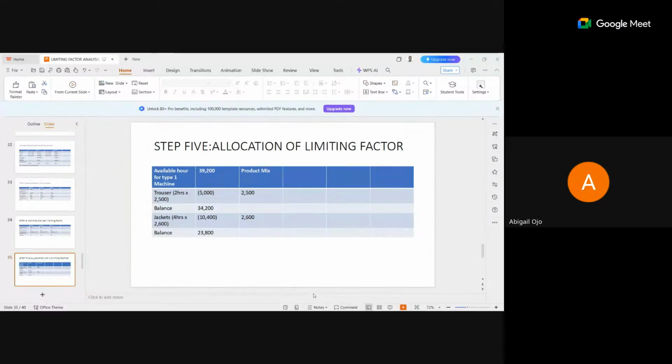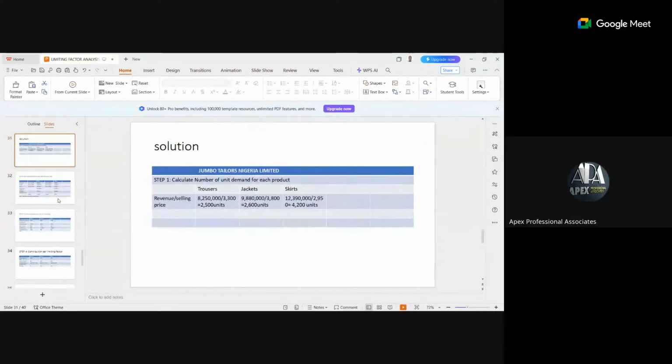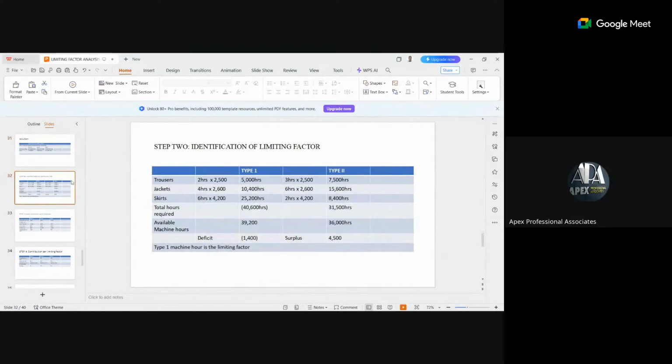3,967 units of skirts. All right. So the point is this. We have a balance of 23,800 in terms of hours. But if you want to produce the whole of 4,200 units, how many hours do you need?